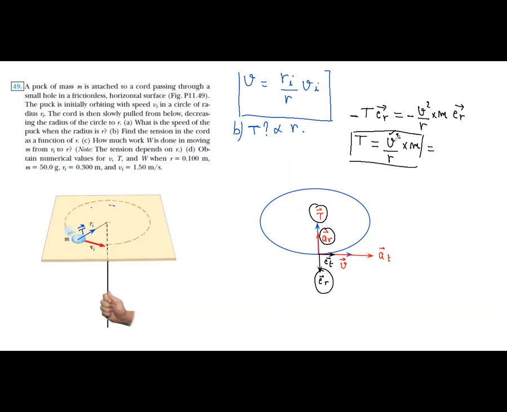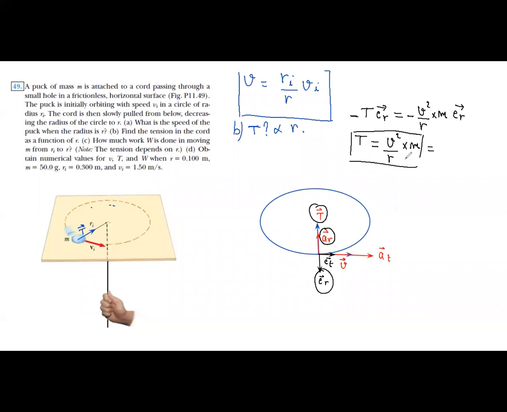We have to put V in terms of V initial and R initial. So we can put V square here from here. We get R times M, and V square equals R initial square times V initial square divided by R square.